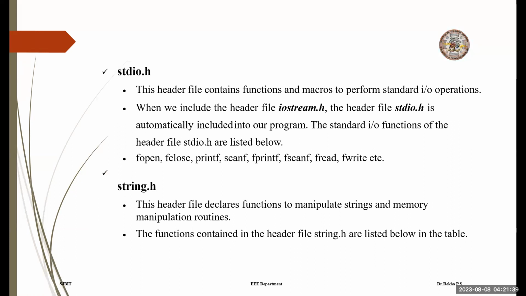So coming to stdio.h, this header file contains functions and macros to perform standard IO operations. When we include the header file iostream.h, the header file stdio.h is automatically included into our program.